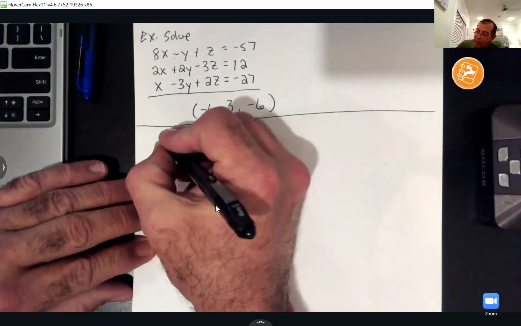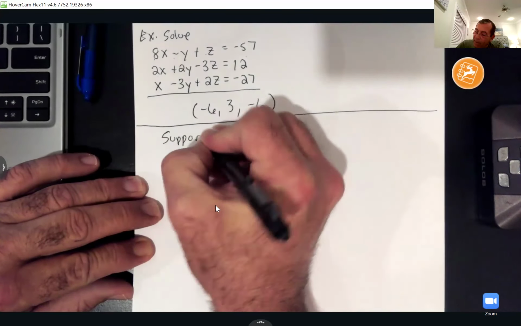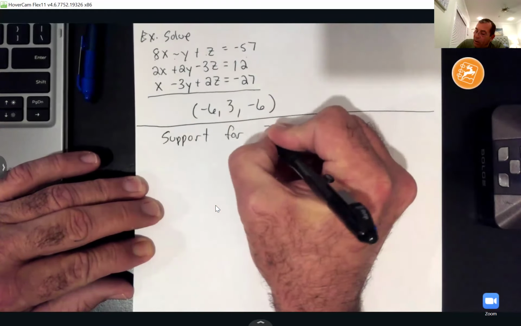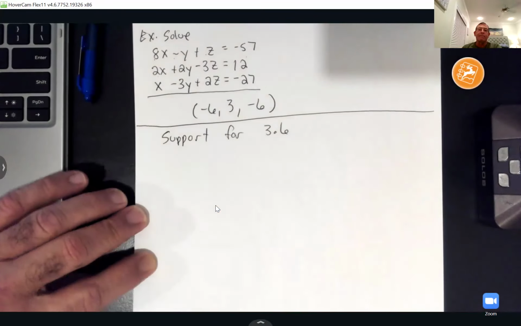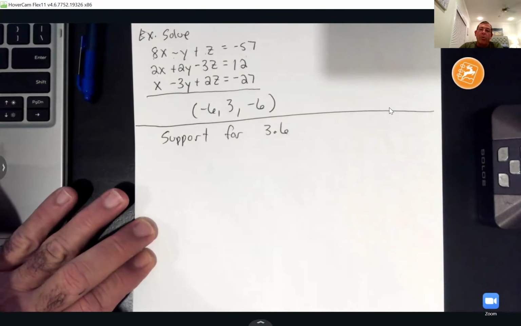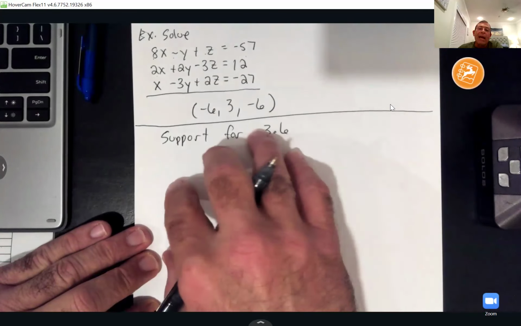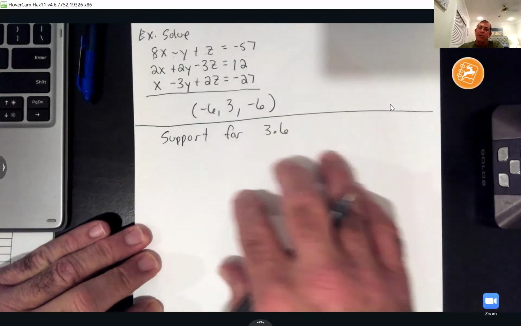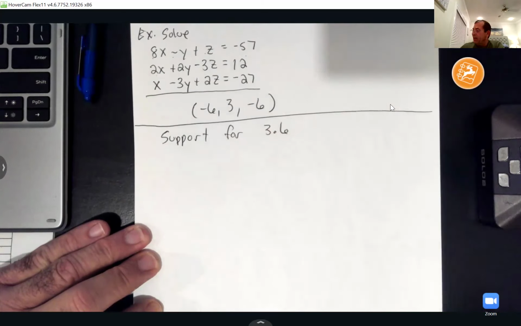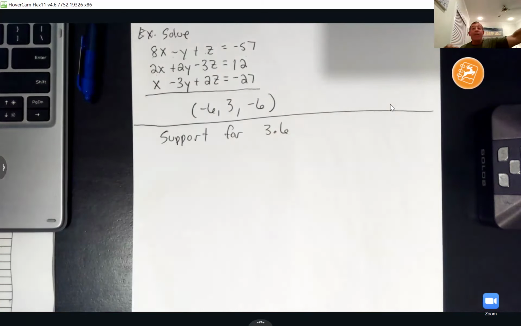So this will be support for 3.6. What we're going to do next class, it'll be the same stuff starting out, but we got to figure out the equations based off of the sentences they're giving us for that one.